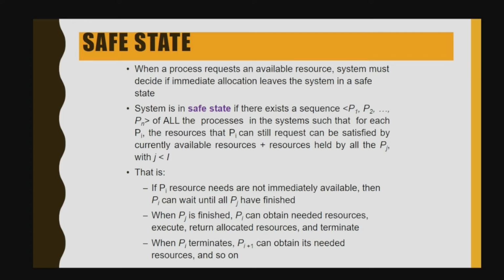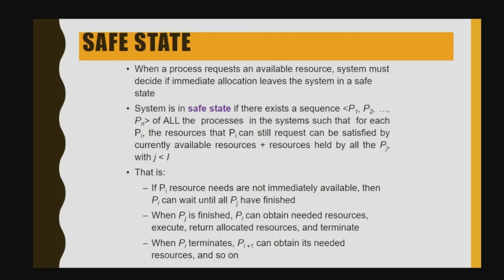The system is in a safe state if there exists a sequence P1, P2, P3 until Pn of all the processes in the system, such that for each Pi, the resources that Pi can still request can be satisfied by the currently available resources, plus resources held by all the Pj with j smaller than i.